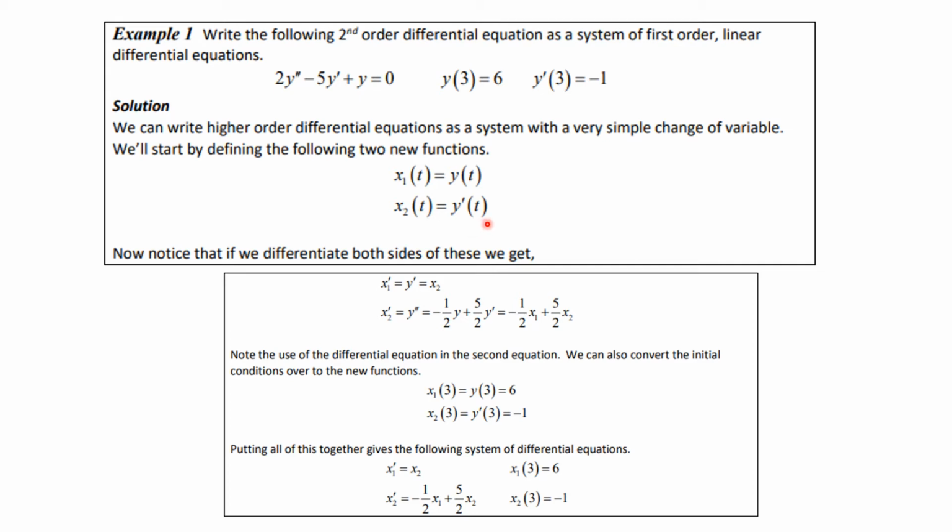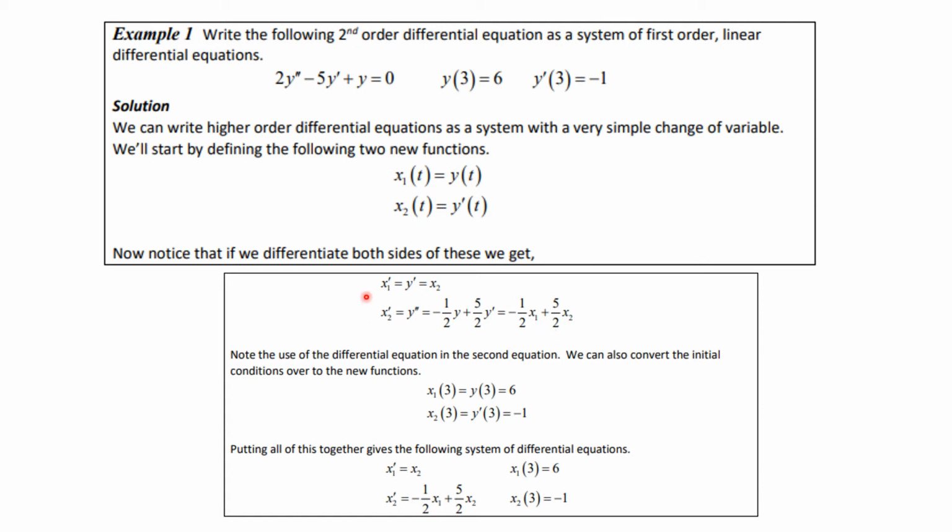And now, if we differentiate both sides of these equations, I will get x1 prime is equal to y prime, but y prime is equal to x2. So you see I have x1 prime is equal to x2. And x2 prime is equal to y double prime. But y double prime was our differential equation, so I can solve for y double prime, and I will get minus 1/2 y plus 5 over 2 y prime. But then y was x1 and y prime was x2.